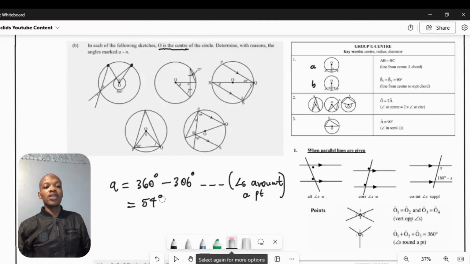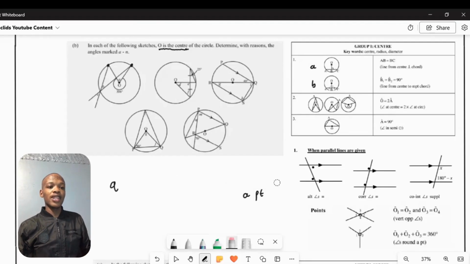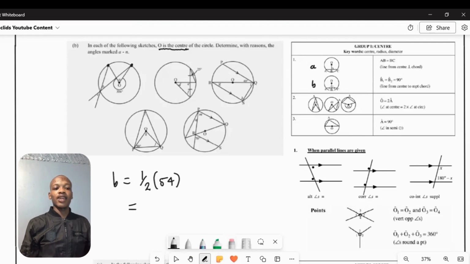So as B is on the circumference, it's going to be half the angle at the center. So B is equal to half of 54 degrees.